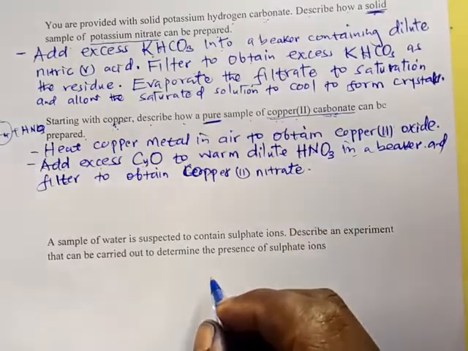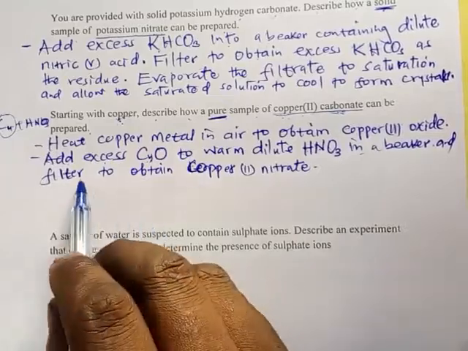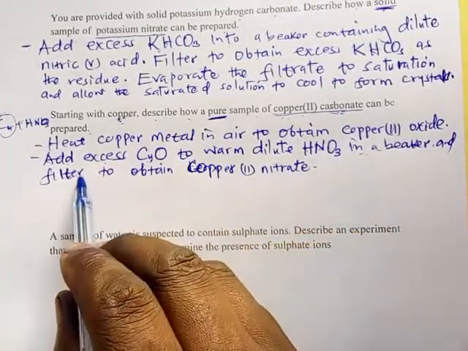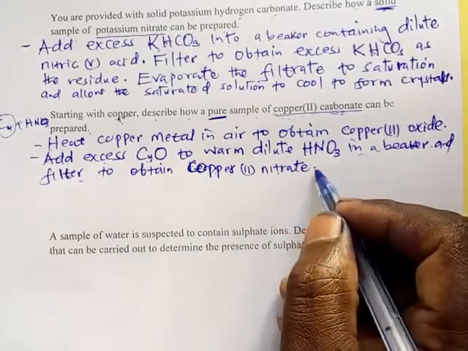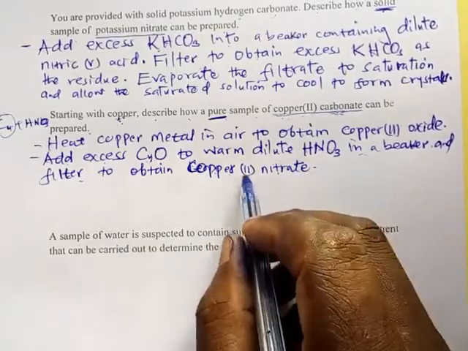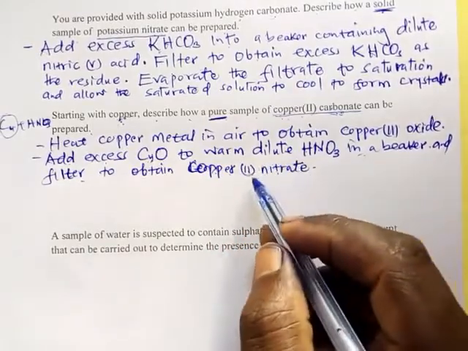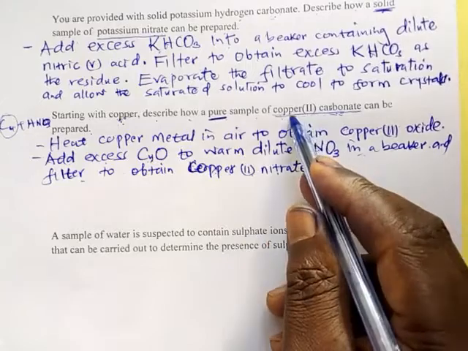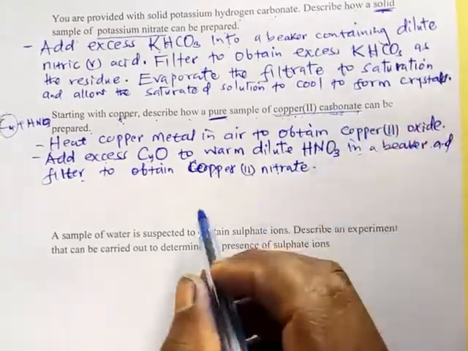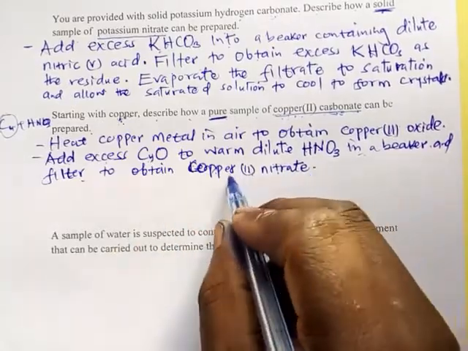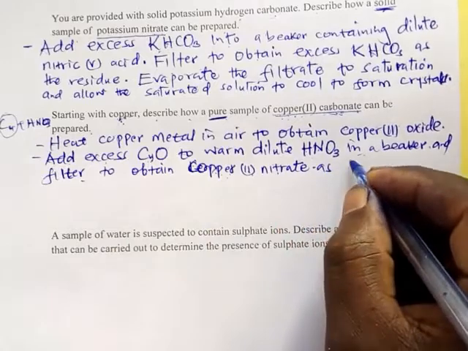What do we do with copper 2 nitrate? Since this copper 2 nitrate is a solution, we need a soluble carbonate, so that when we mix the two, they will interchange the anions and the cations to form copper 2 carbonate. Therefore, we have the filtrate.